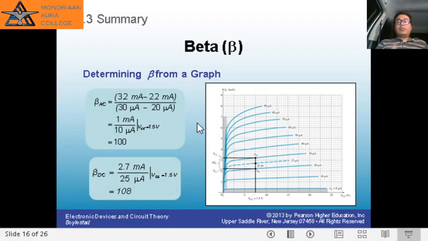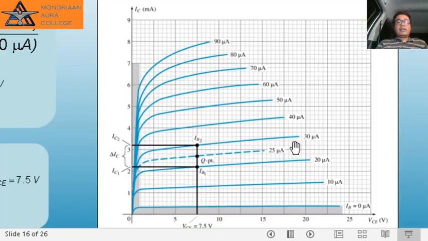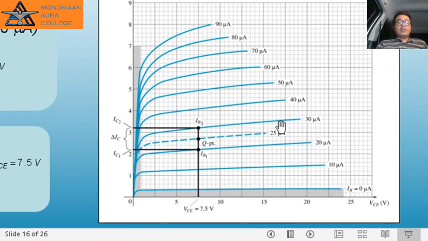How do we determine the level of beta AC graphically? For example, meron na tayong characteristic curve kagaya nung kanina. So let's just zoom in dun sa ating characteristic curve. Alright. What if the signal varies? And ito yung kanyang natatamaan na points.